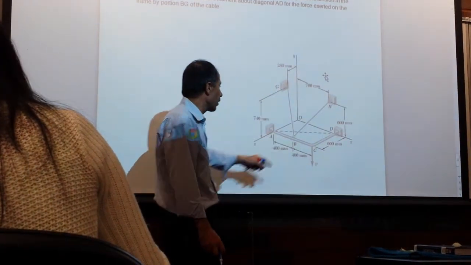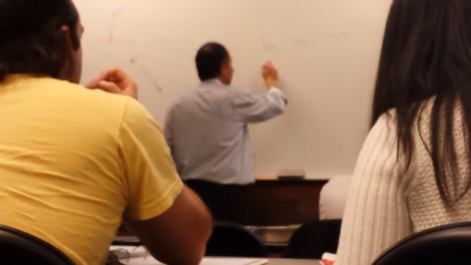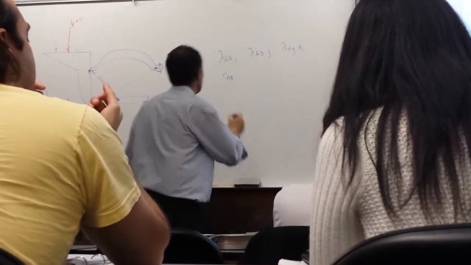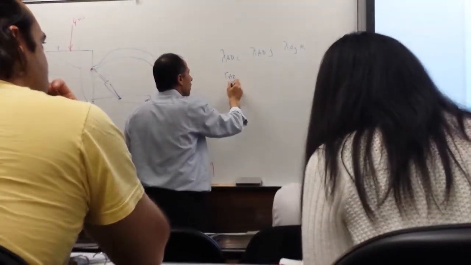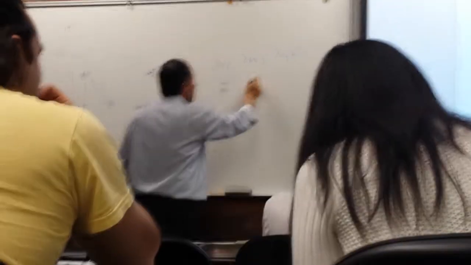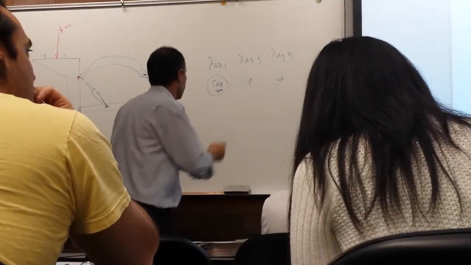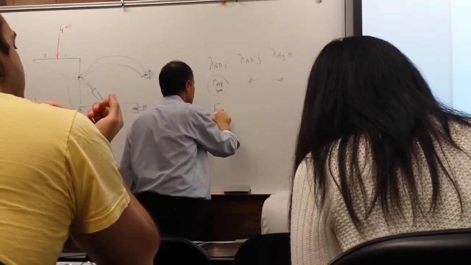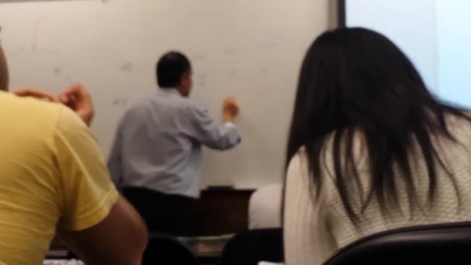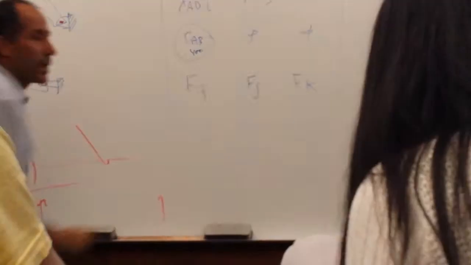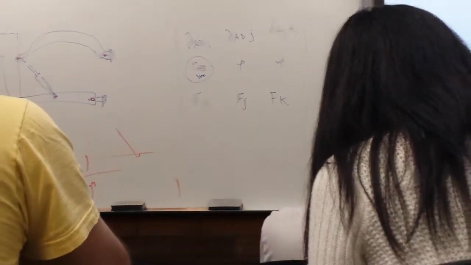So it's easy, the distance is going to be AB, which is 400. This one, 0, 0. Then the force, correct? Force on I, force on J, and force on K. This is the matrix that you need to build.